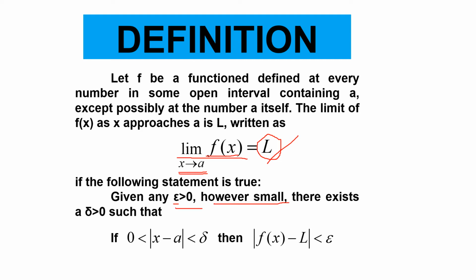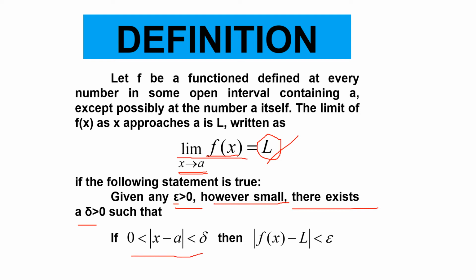there exists a small Greek sigma greater than 0 such that if 0 is less than the absolute value of x minus a, which is less than your small Greek letter sigma.